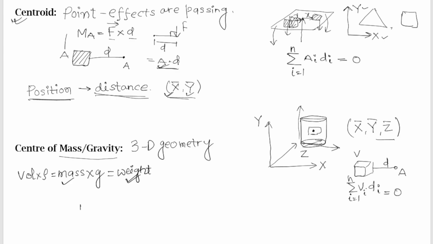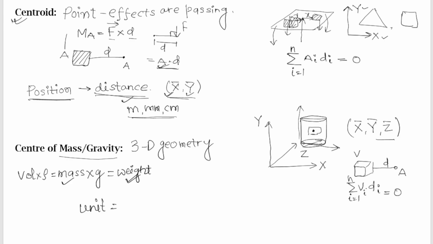What is the unit of centroid and center of mass? The unit is a distance, remember. If it is SI unit, it will be meter, otherwise millimeter is also very common. Centimeter can also be used, but whatever the unit of the given dimensions is will be the unit of your answer.